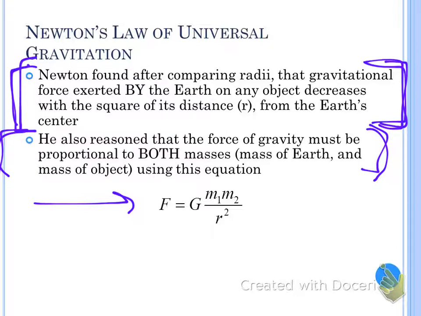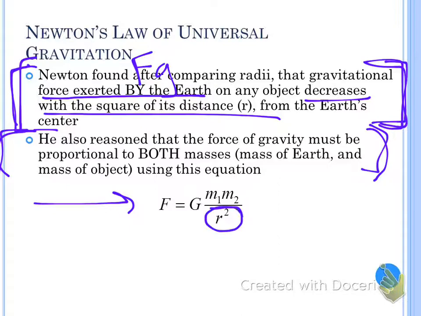All right, I want you to take a look at this equation here. It says the force exerted by the Earth, that is Fg, our gravitational force exerted by the Earth, decreases with the square of its distance from the Earth's center. So let's think about what that means. If my radius decreases, if my denominator gets smaller, what happens to my overall answer?